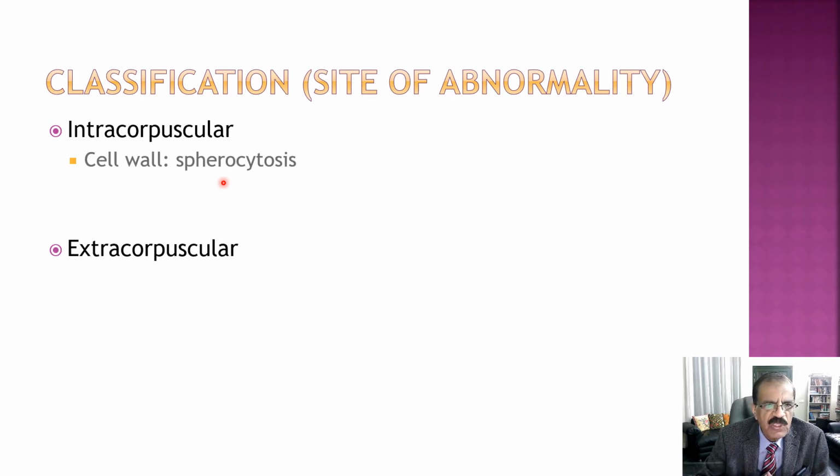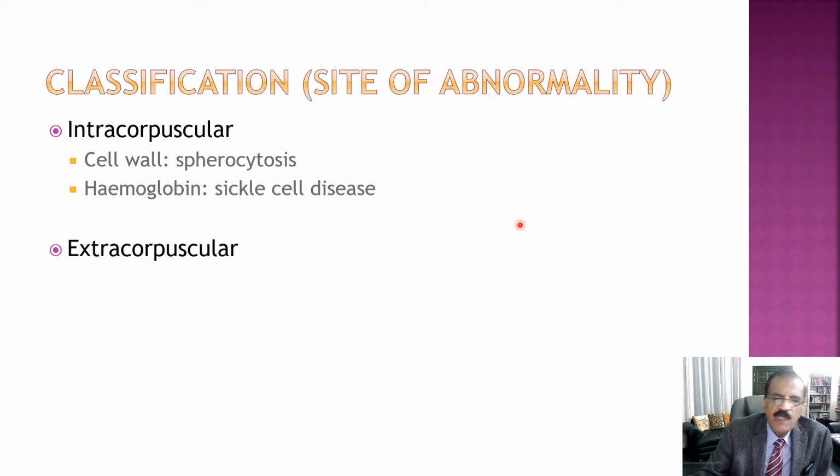Normal RBCs have slightly extra cell wall so that they are biconcave in nature and can hold some more water without getting hemolyzed. But in patients with spherocytosis, because of the defect in the cell wall, they cannot hold any more water, and whenever they are exposed to low osmolar states or when they pass through the spleen, they tend to get hemolyzed.